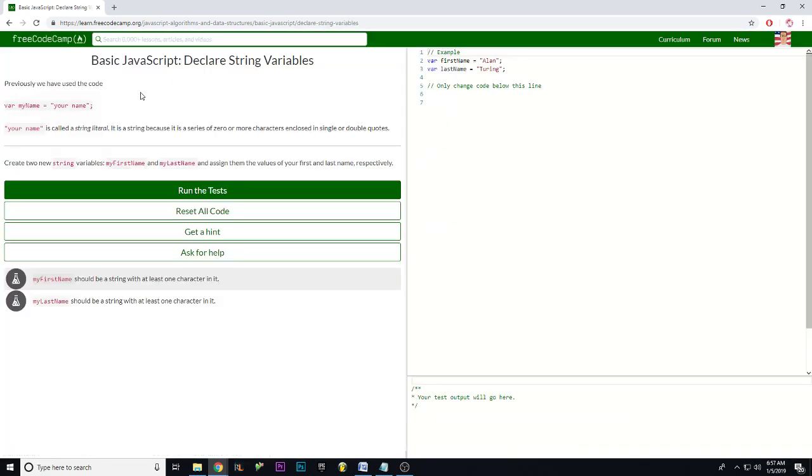Previously we have used the code myName equals "your name". So your name is a string literal. It is a string because it is a series of 0 or more characters enclosed in single or double quotes. Create 2 new string variables, myFirstName and myLastName, and assign them the values of your first and last name respectively.